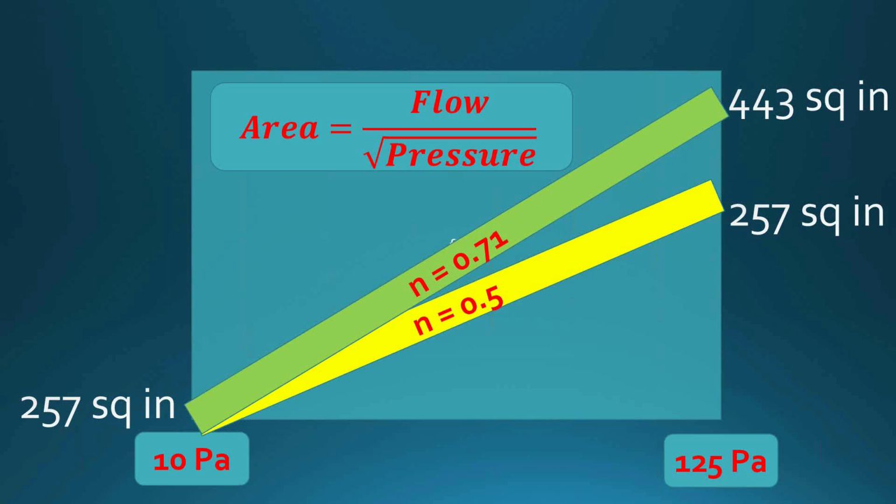So what that means is that when we measure a hole size in the example that we're using at 10 pascals, we say, aha, the hole's 257 square inches. Isn't that nice? Or the equivalent hole is 257 square inches. But at, in this case, a higher pressure of 125 pascals, which is where we measure for pressure relief venting, we say, aha, that's 443 square inches of leakage.